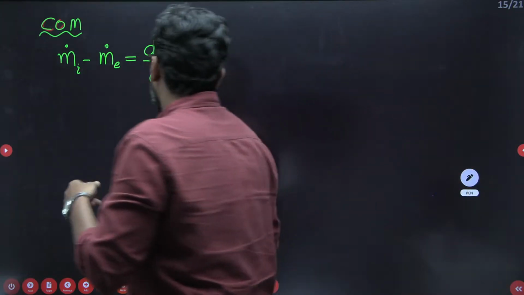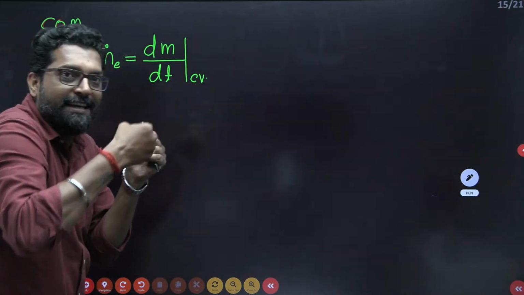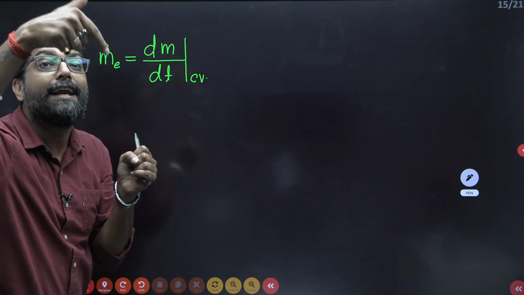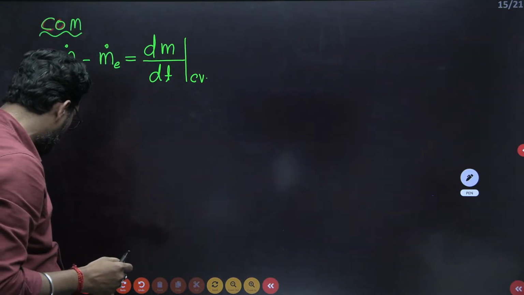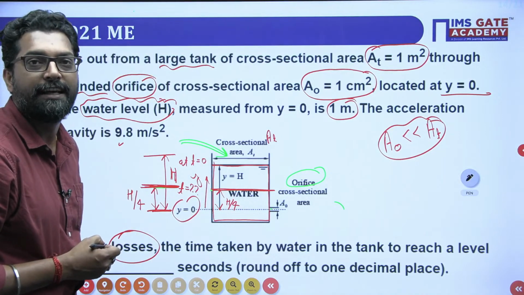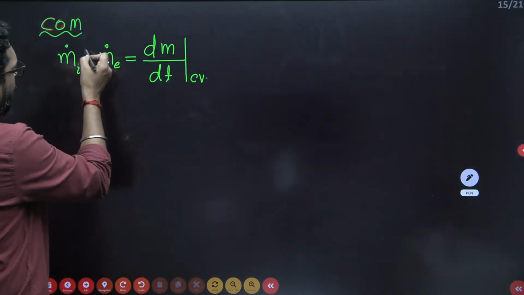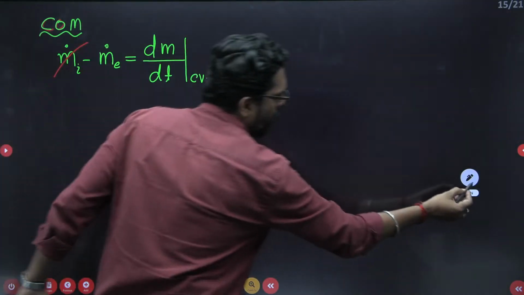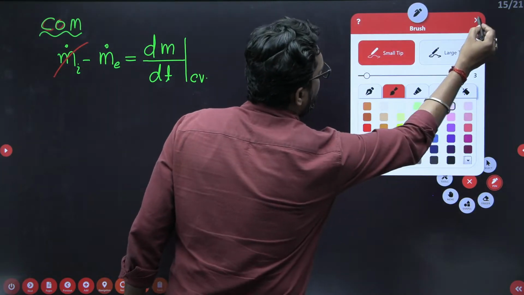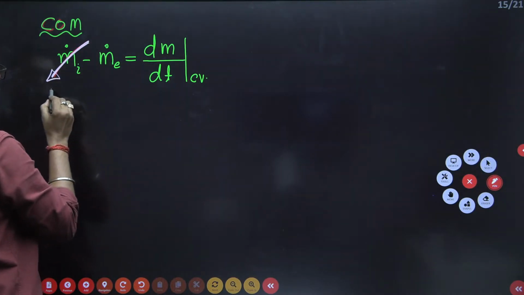Okay. But if there is a tank, in the tank only exit is there. There is an orifice, so only exit is there. There is no inlet. That means you have no chance to put water into this. So the inlet is 0. The mass flow rate at inlet is 0.